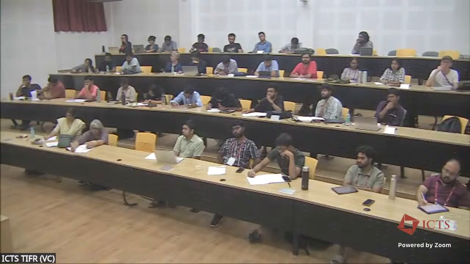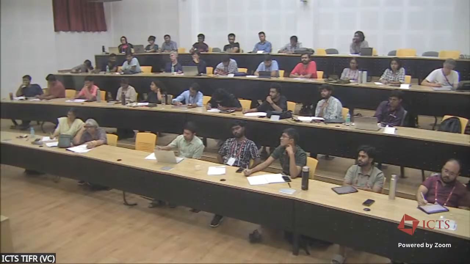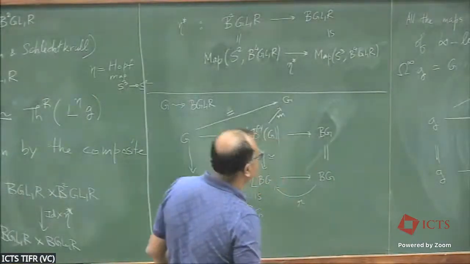Good. So if that is eta smash identity, now you go back to what happens on the level of infinite loop spaces.